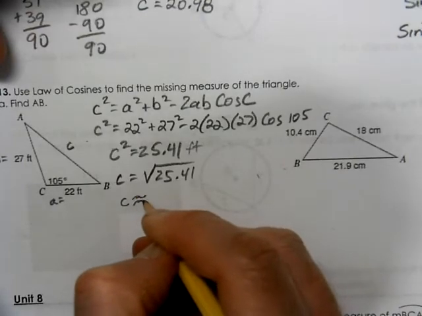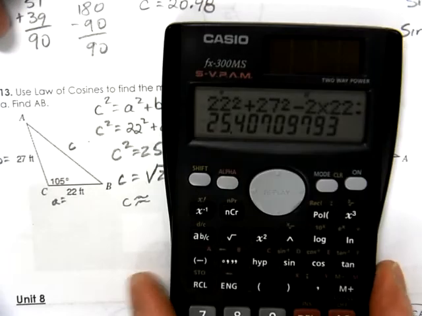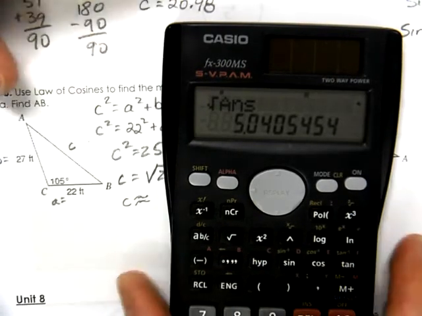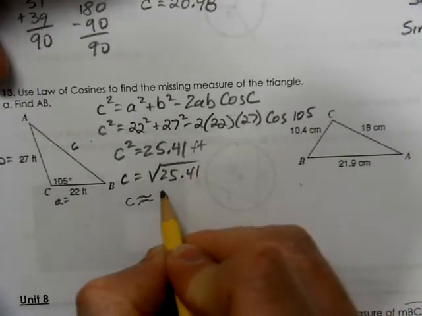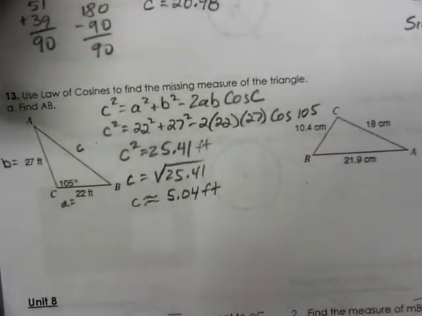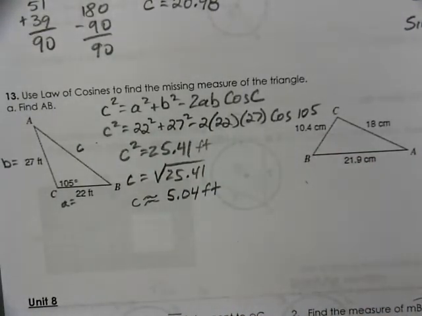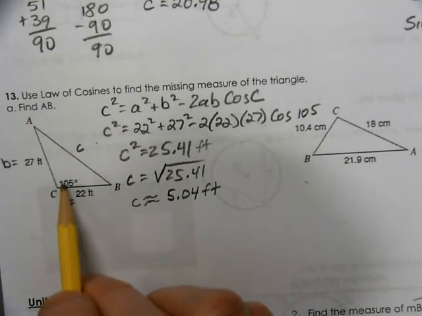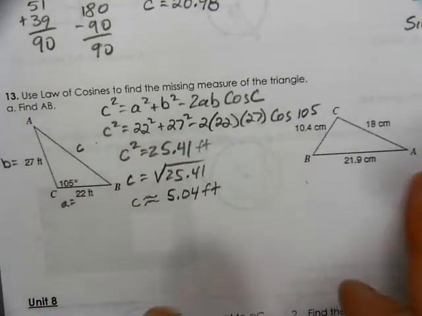That would approximately equal the square root of our answer, which is 5.04. Something doesn't look right. C cannot be less than the other two sides. It's the biggest angle. Across from it has to be the biggest side.